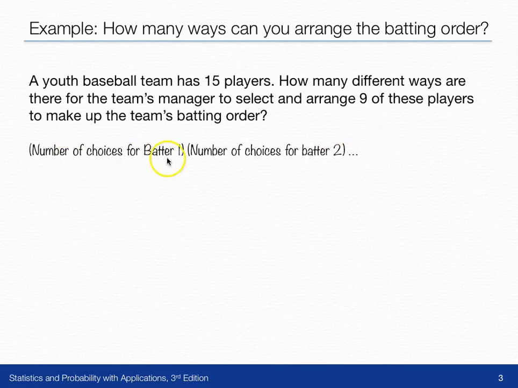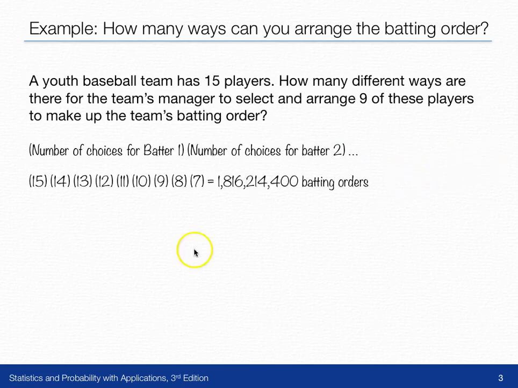Well, it's the number of choices for batter number 1 times the number of choices for batter number 2 times the number of choices for batter number 3, etc., until we have 9 batters. That's going to be 15 choices for batter 1, 14 for batter 2, 13 for batter 3, etc., until we have 9 batters. This is first, second, third, fourth, fifth, sixth, seventh, eighth, and ninth batters.